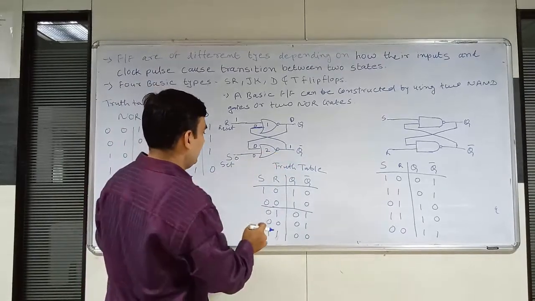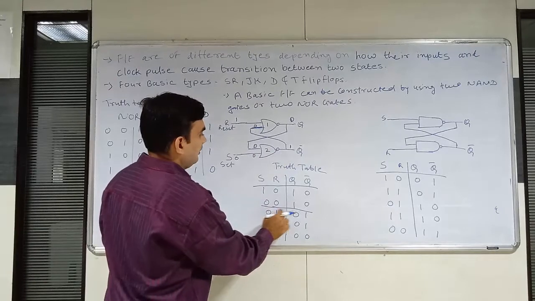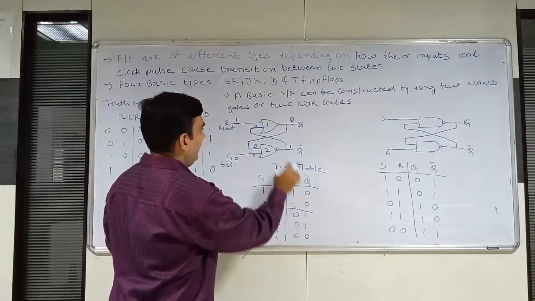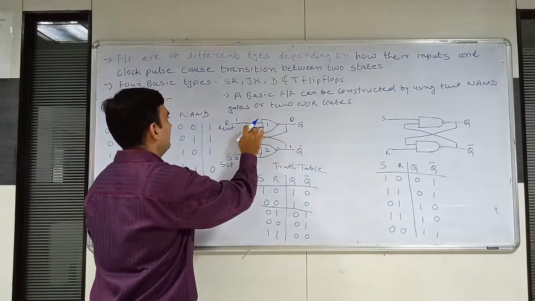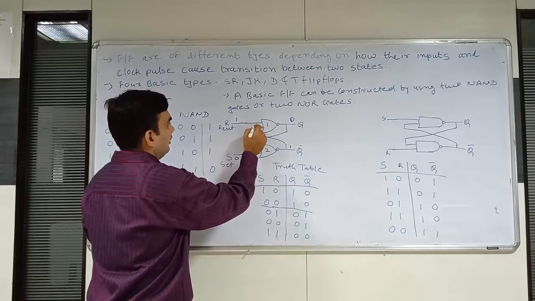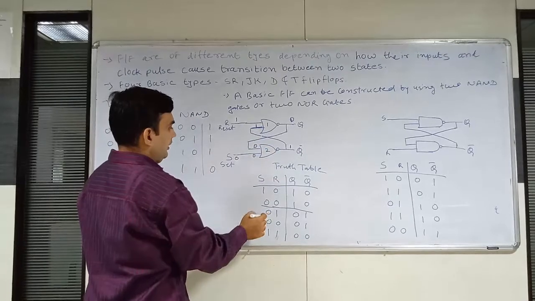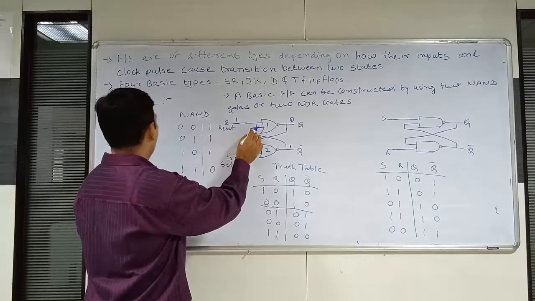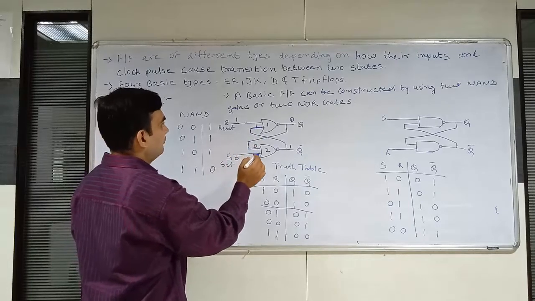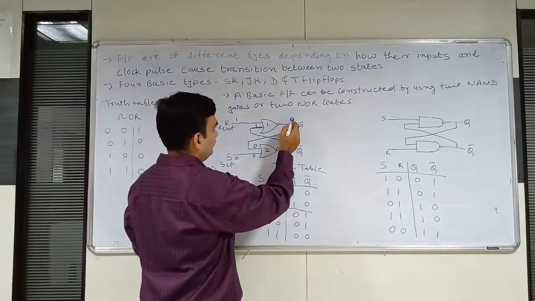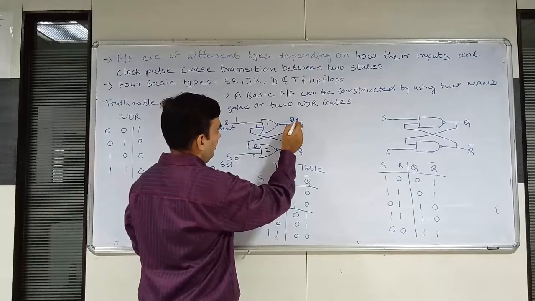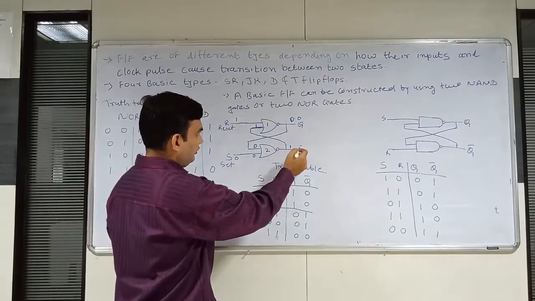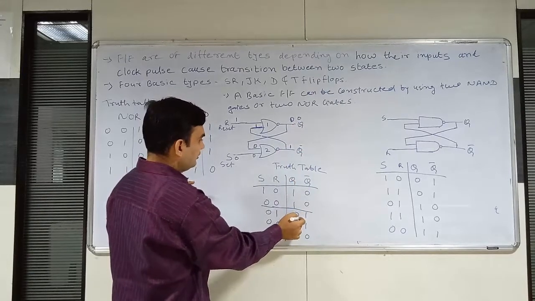So we got Q bar as our inverted output 1, and this 1 will be transferred here to the NOT gate 2. We have also said R is equal to 1, so 1 and 1, our output will be 0. So we got Q is equal to 0 and Q bar is equal to 1 from this truth table.